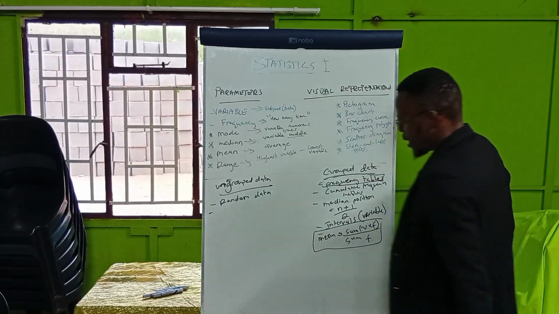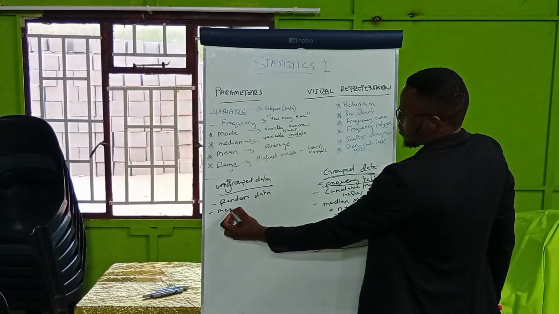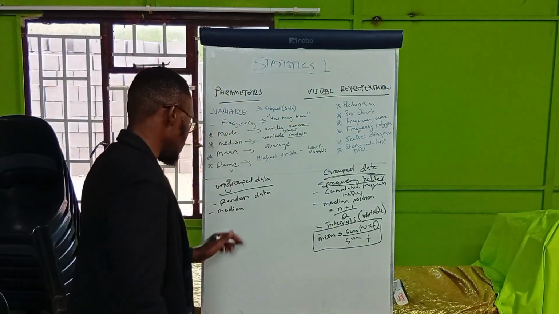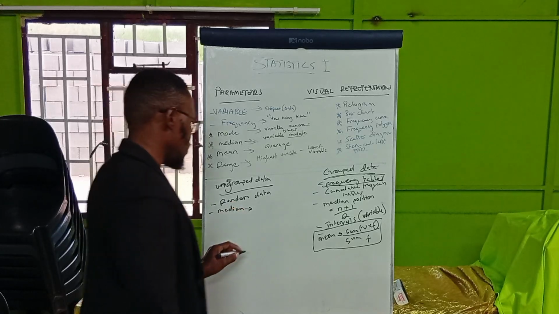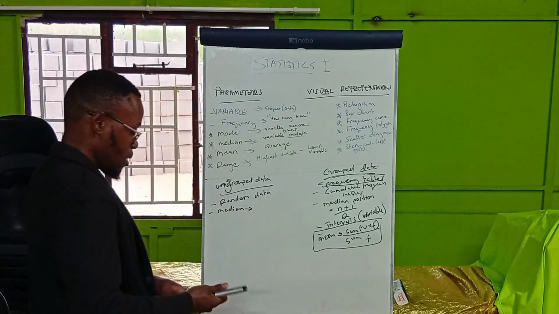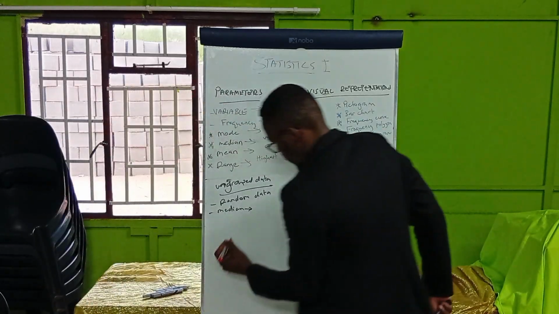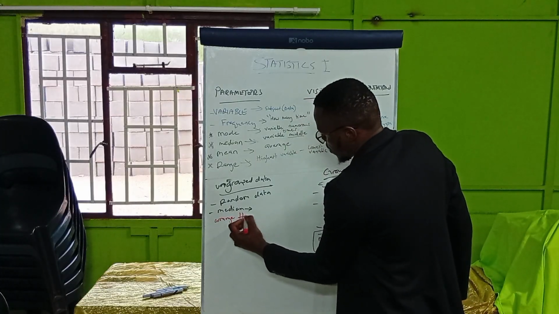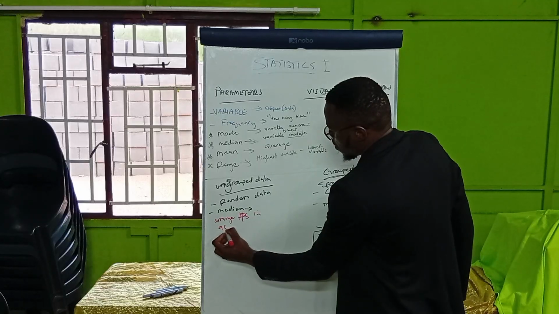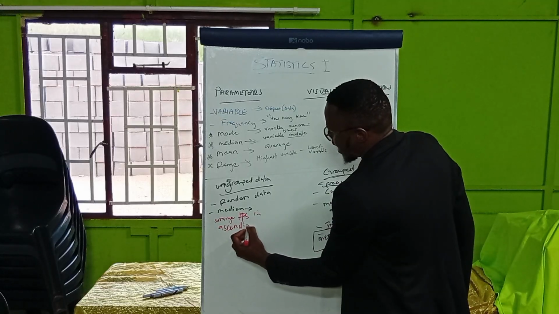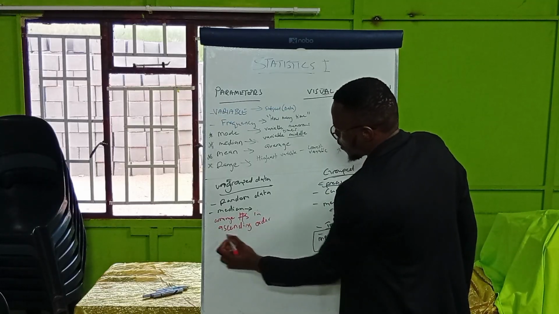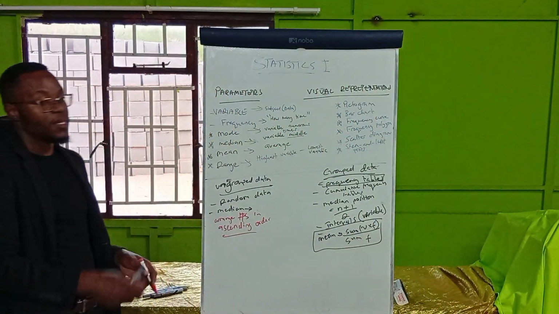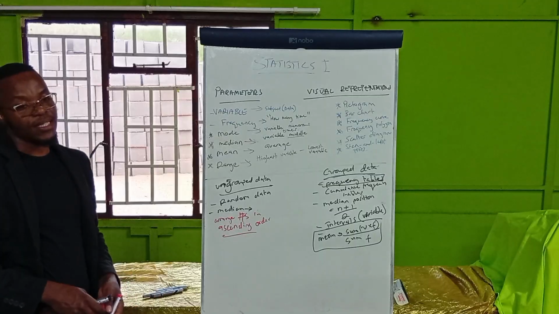When it comes to random data, we will get the median by just arranging the numbers in ascending order. The key word is ascending order. So basically it means you first arrange the numbers starting with the smallest to the biggest number, and then you find the value in the middle.